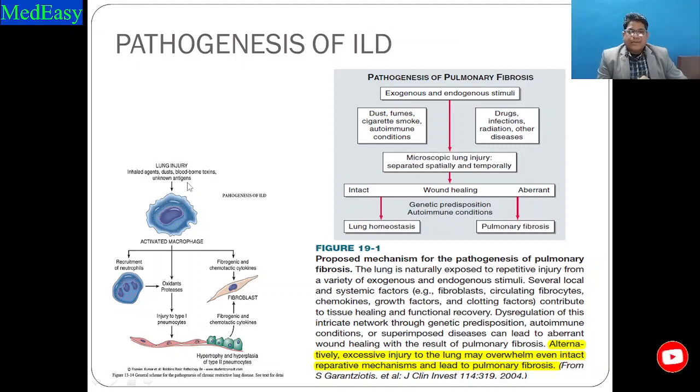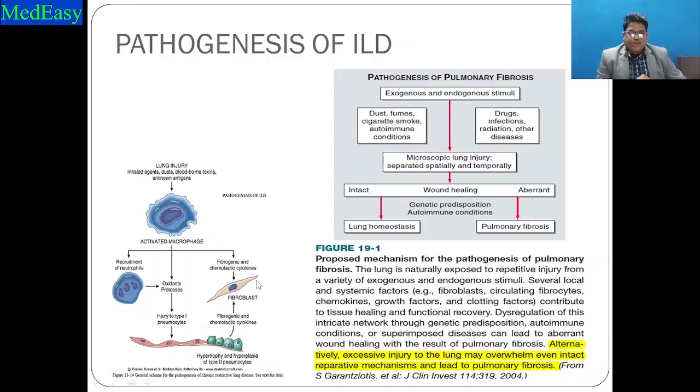Here, to understand what will happen, lung injury like inhaled agents, dust, bloodborne toxins or unknown antigens cause activation of macrophages in the alveoli. These alveolar macrophages will recruit neutrophils, release proteases, and also release fibrogenic and chemotactic cytokines.